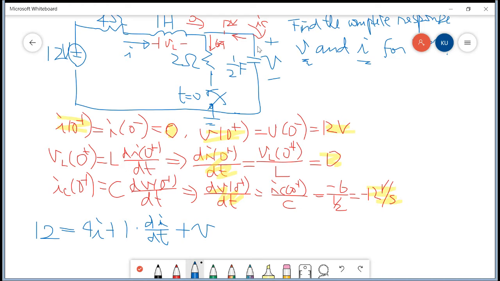So we'll get the first equation using the KVL.